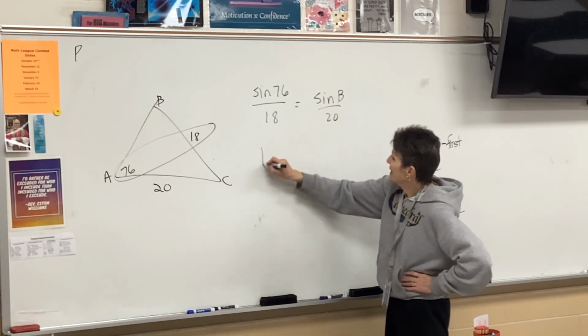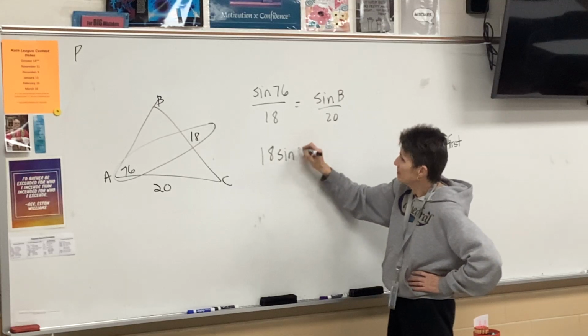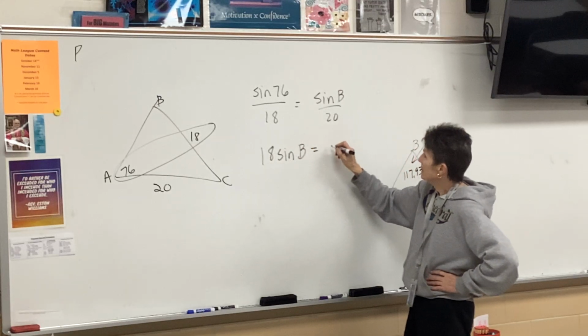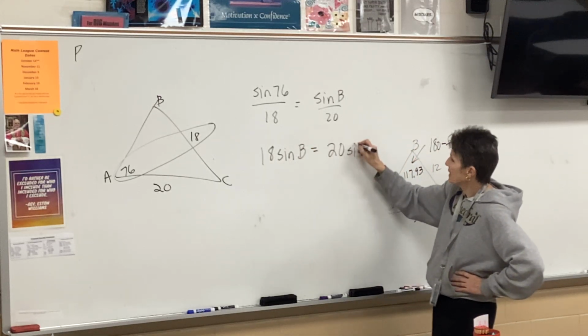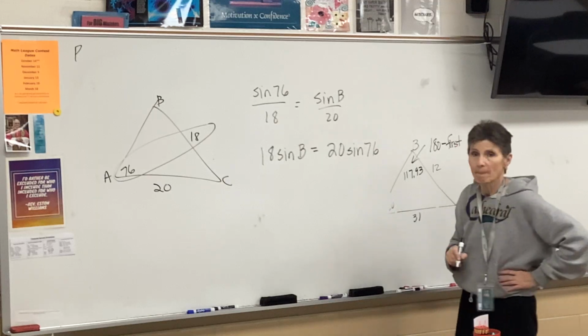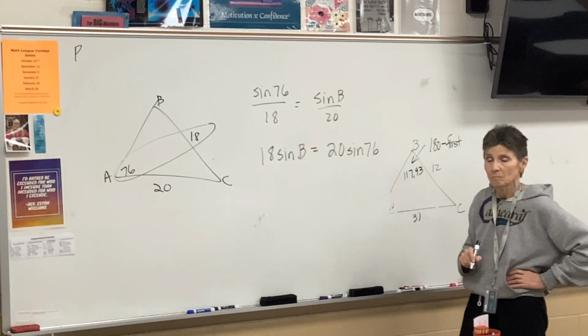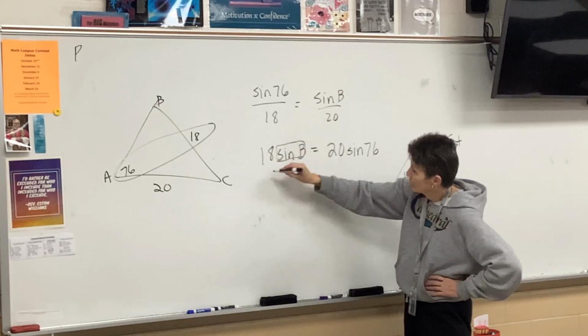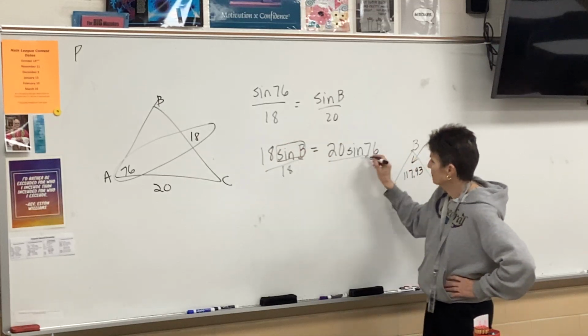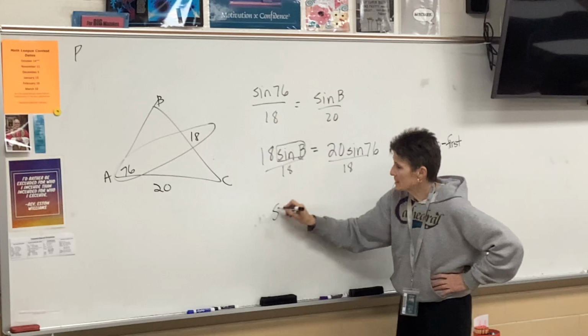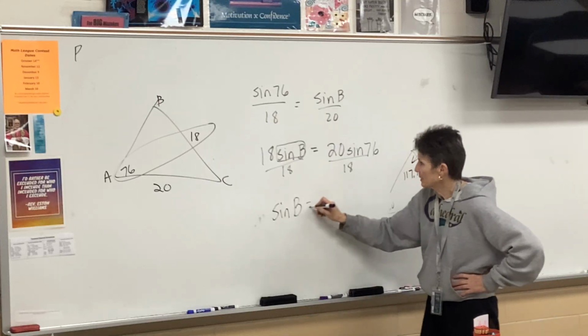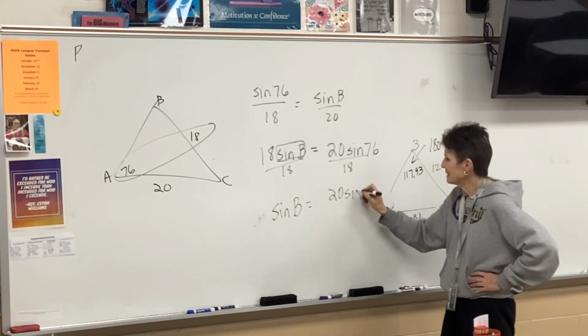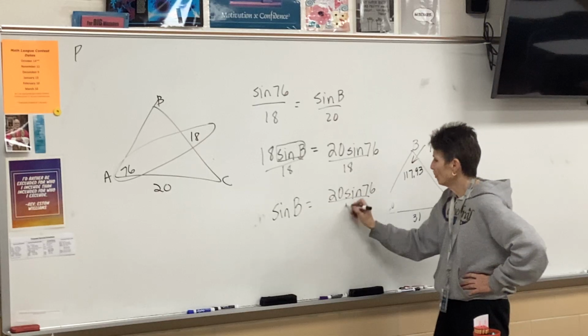So 18 sine B equals 20 sine 76. Now remember, this is glued. So all you can do is divide by 18. So sine B equals 20 sine 76 over 18.